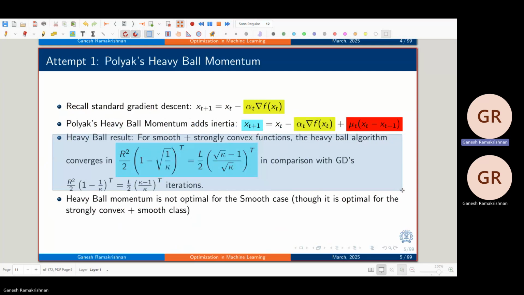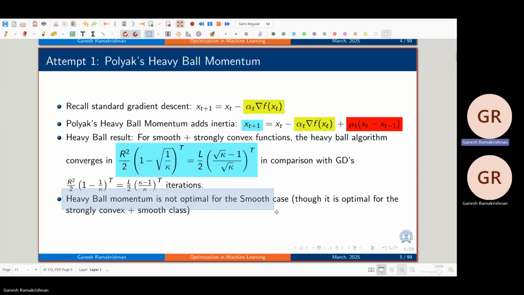I mean, it is not affecting anything. The only difference is you have square root kappa instead of kappa. Earlier you had a kappa minus 1. You remember kappa was mu upon L, where mu was the strong convexity factor and L is the smoothness factor.